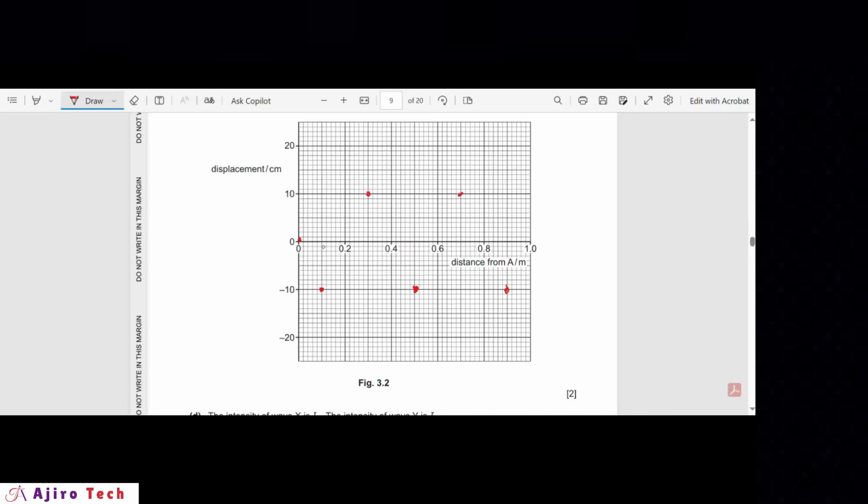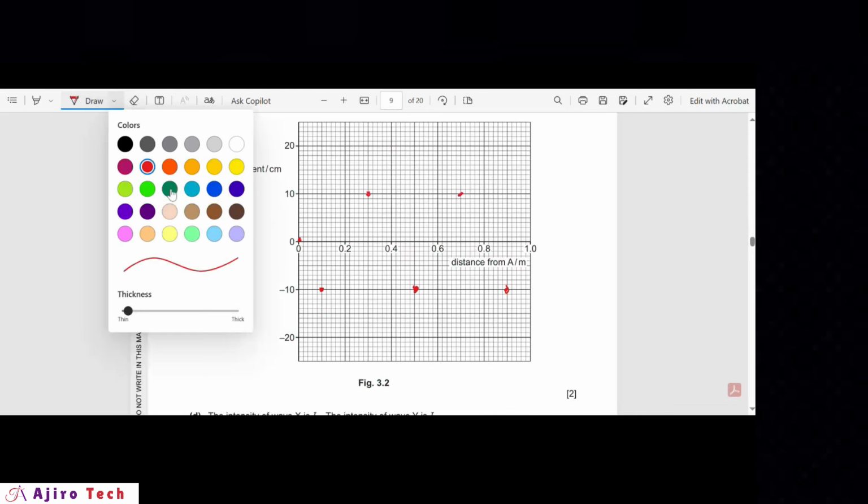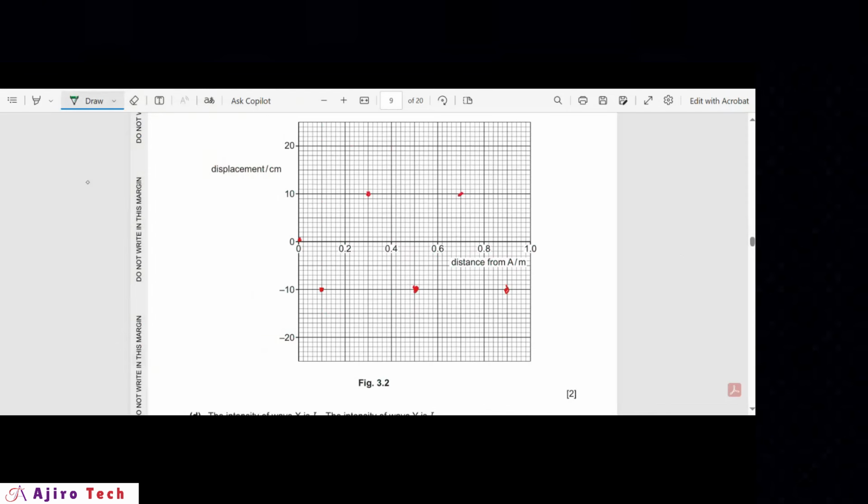This is perhaps just a sketch, and that will represent the graph.